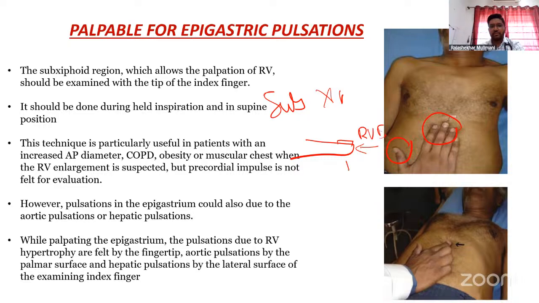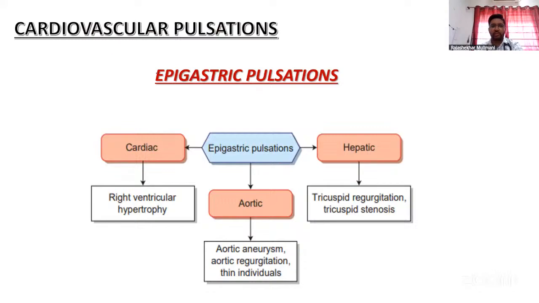If the pulsation is felt at the pulp of the finger, then it is usually the aortic pulsation. This is how you confirm whether the epigastric pulsations are due to right ventricular enlargement or aortic enlargement.